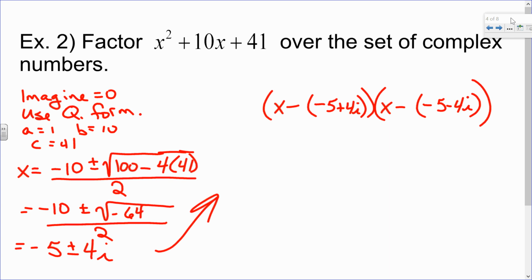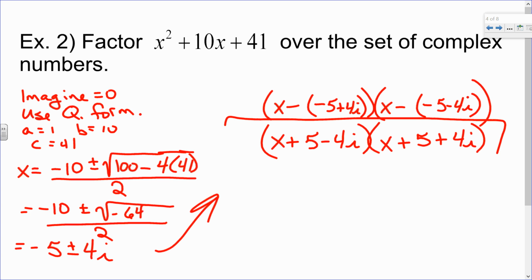And I am going to clean it up just a tiny little bit. I'm going to distribute that minus sign so I don't have parentheses inside of parentheses. x plus 5 minus 4i, and x plus 5 plus 4i. Not equal to 0. I don't know what it equals, so I just stop there.